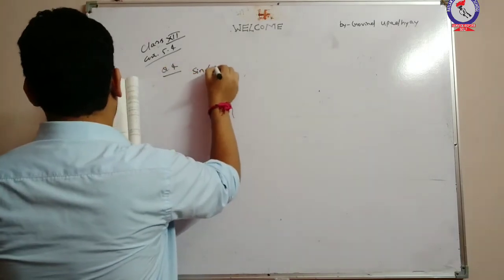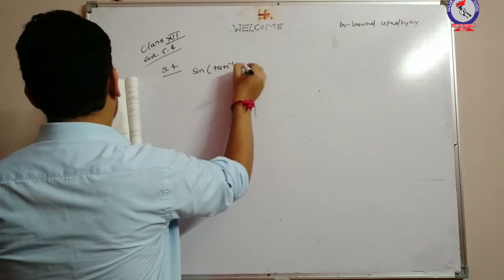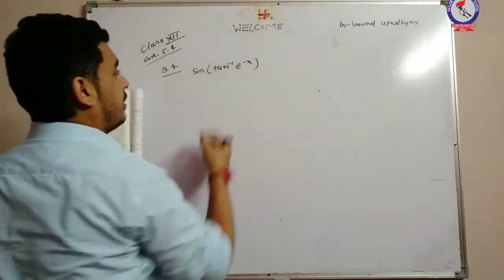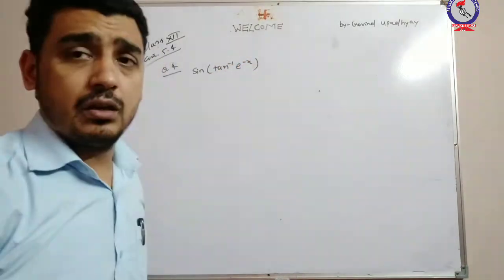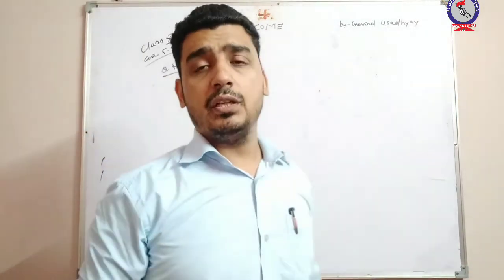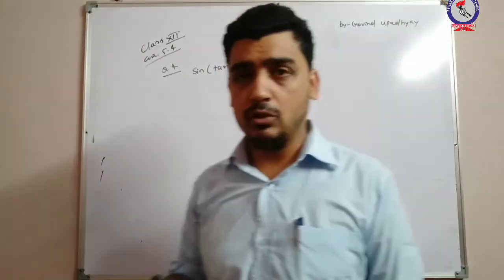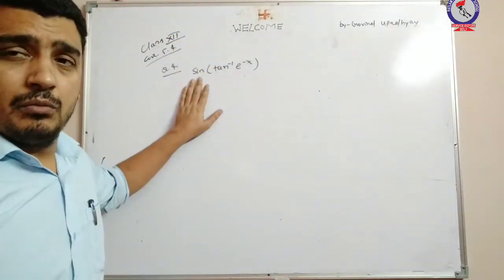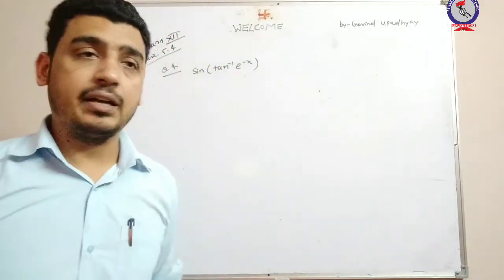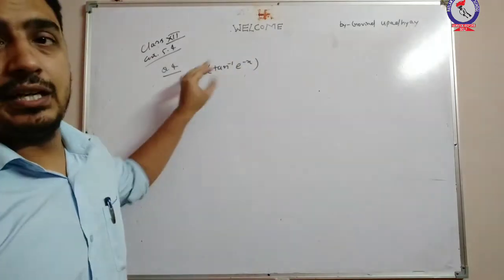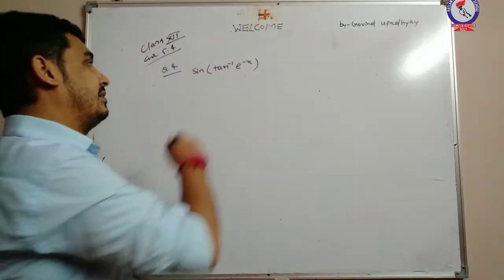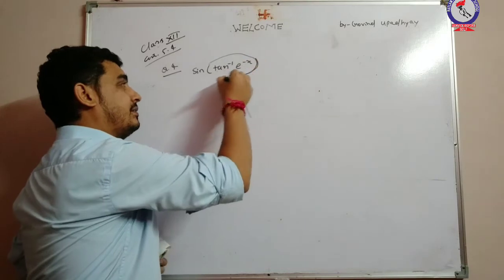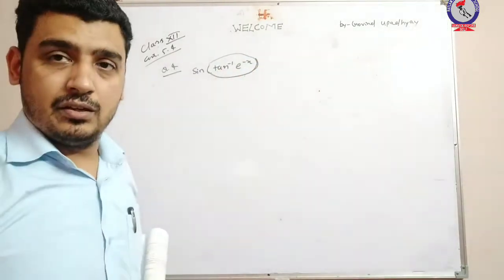Sin tan inverse e to the power minus x. फर्स्ट थिंग, पहले सोचो बेटा, देखो जब तक आप खुद से नहीं सोचोगे तब तक क्वेश्चन को थोड़ा समझना कॉम्प्लिकेट हो जाता है। देखिए यहाँ पर आप देखेंगे साइन, बोले सर साइन को हम देखते हैं साइन थीटा की तरह, तो यानी कि साइन का ये वाला थीटा हो गया, which one? This one. This is the theta of sine.